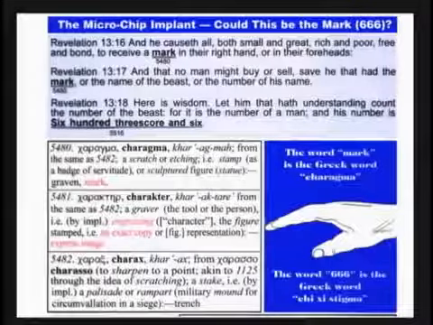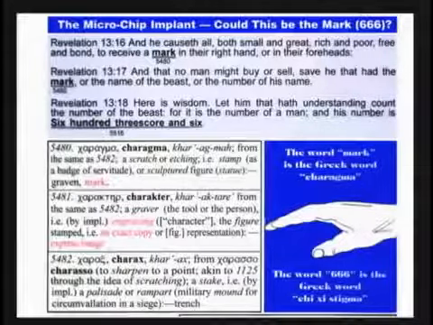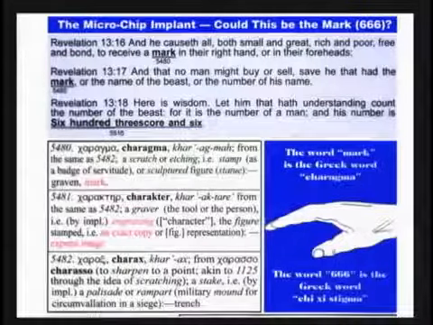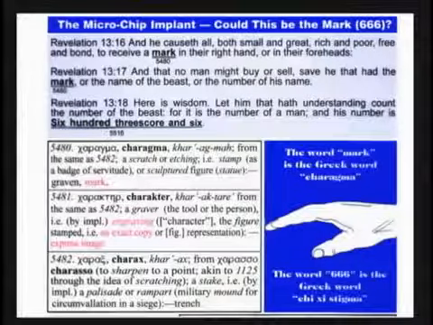They etch into silicone, don't they? A stamp as a badge of servitude or a sculptured figure, a statue, a graven mark. The next one, character, from the same as 5482, a graver, the tool of the person. Engraving, the figure stamped, an exact copy of, representation, the express image.